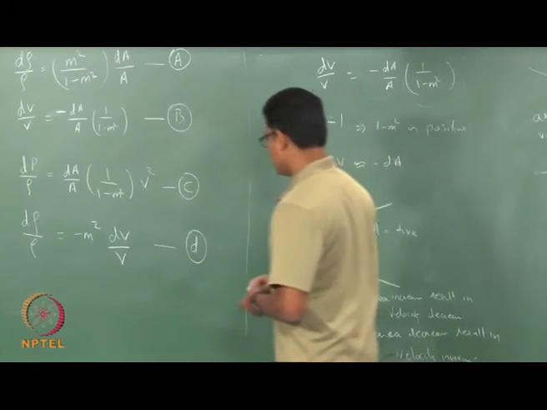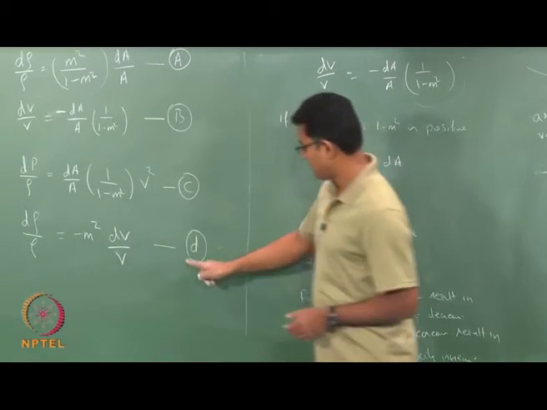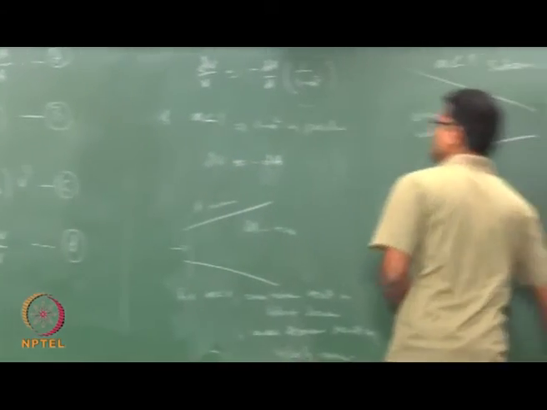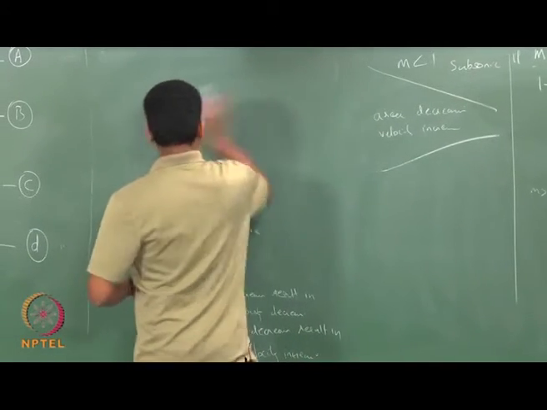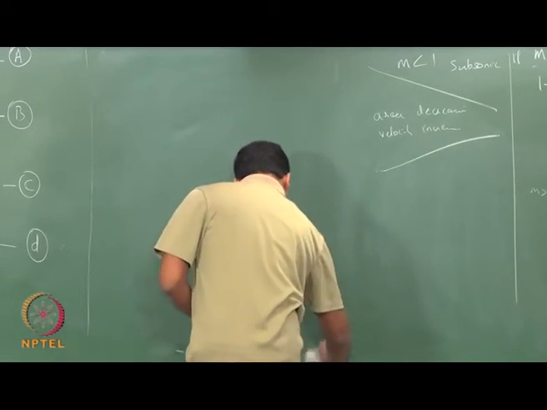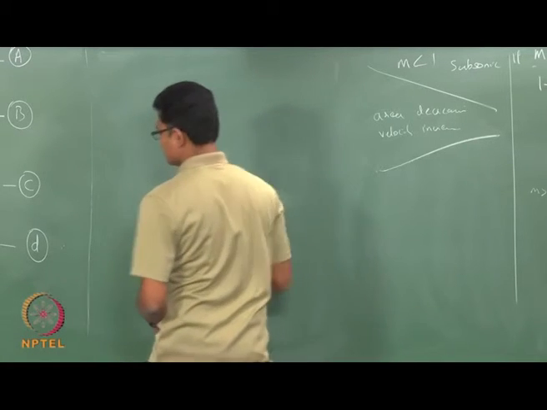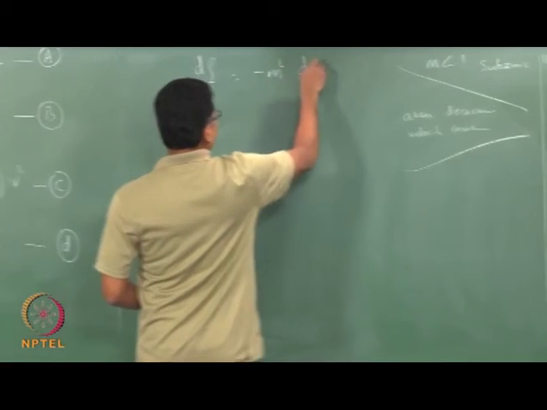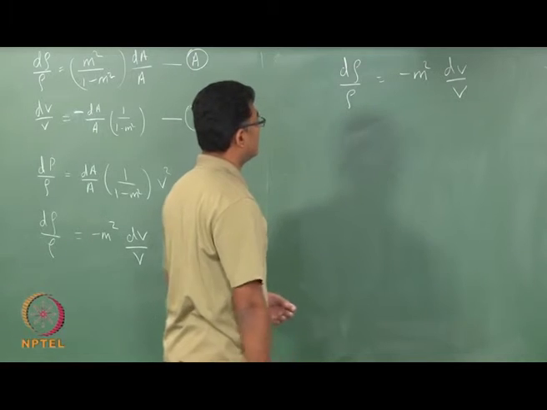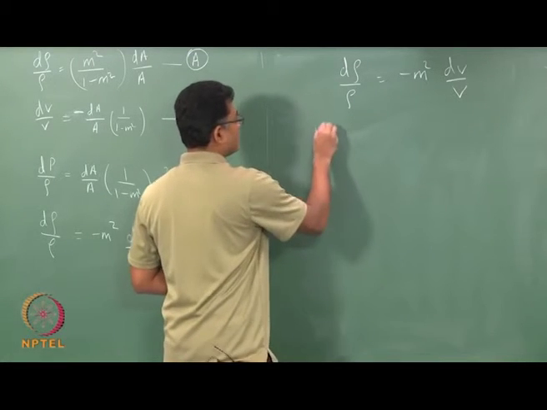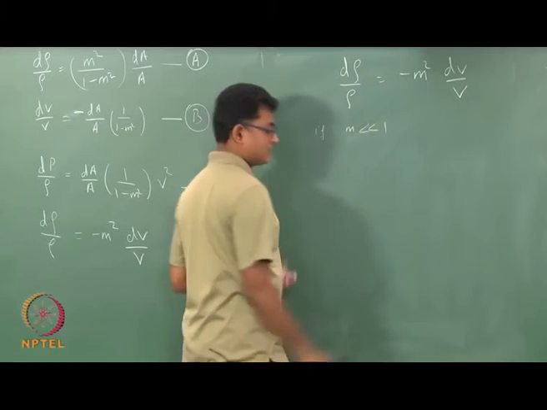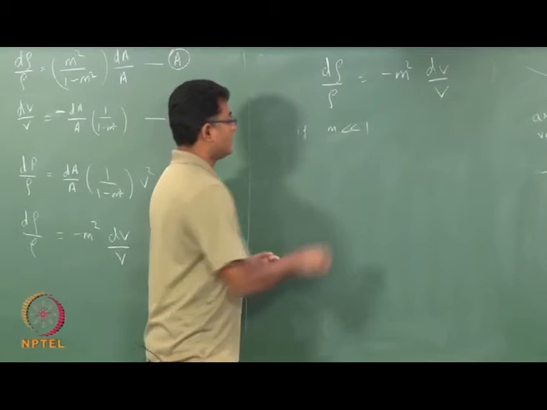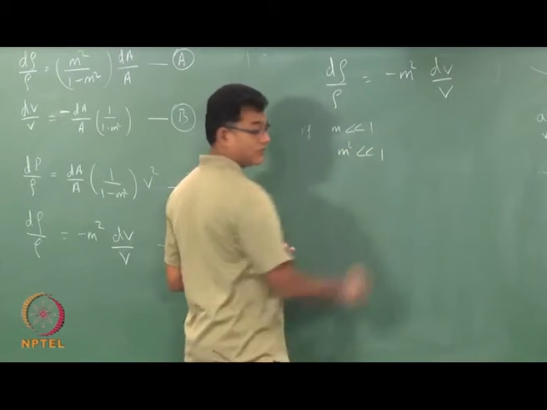Now, before going to equation A, look at equation D. In equation D, if your Mach number is much less than 1, it is very small, your m square is also going to be very small.